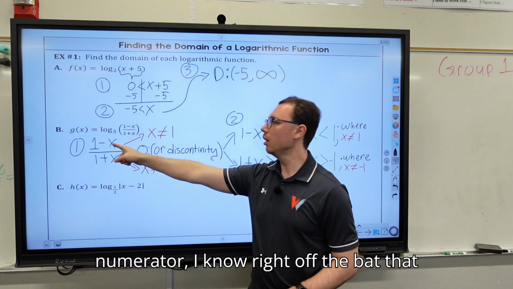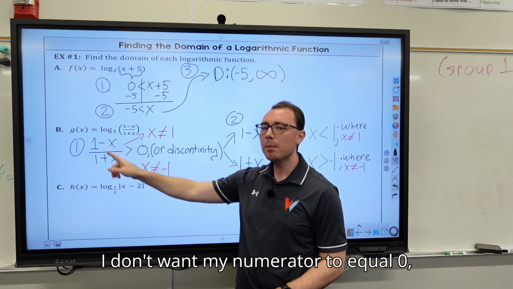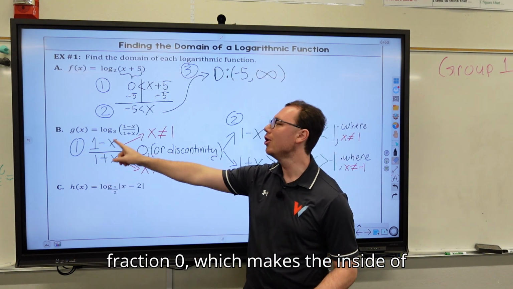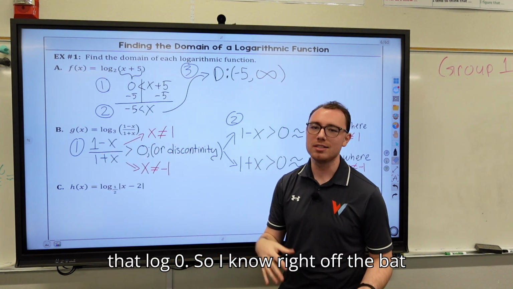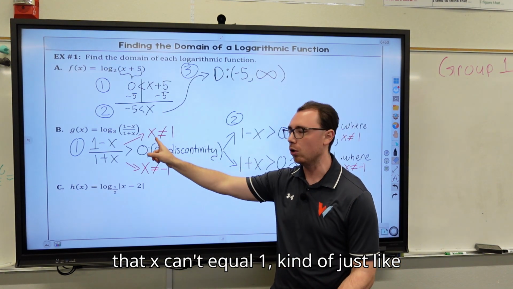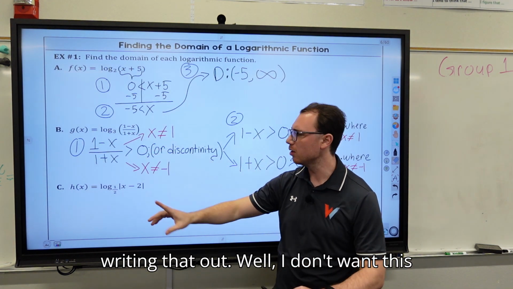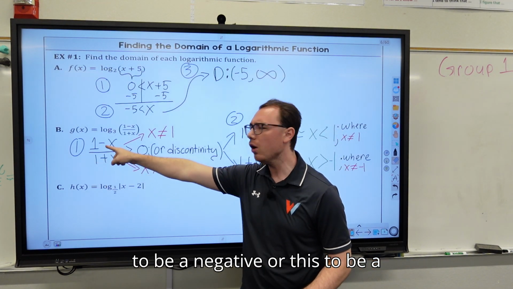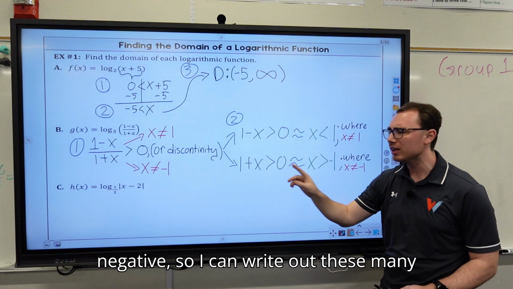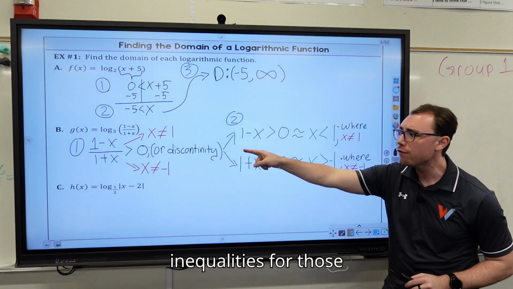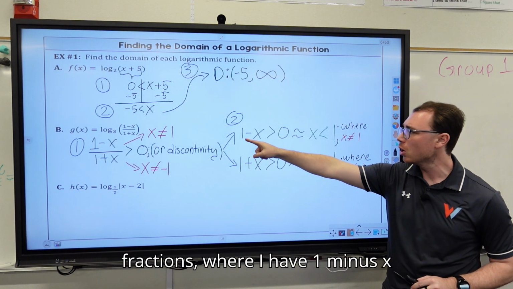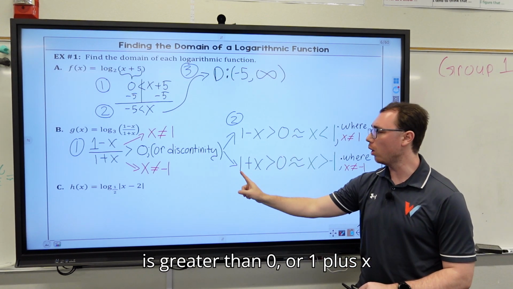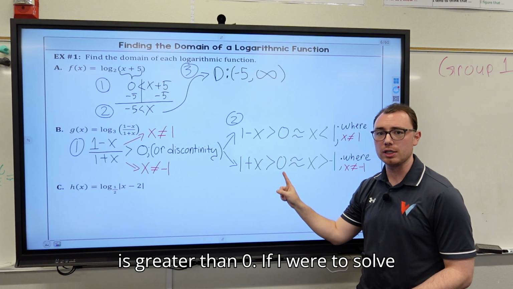For the numerator, I don't want it to equal 0, because then that would make the whole fraction 0, which makes the inside of that log 0. So I know right off the bat that x can't equal 1. I don't want this to be negative or this to be negative, so I can write out these mini inequalities for those fractions, where I have 1 minus x is greater than 0, or 1 plus x is greater than 0.